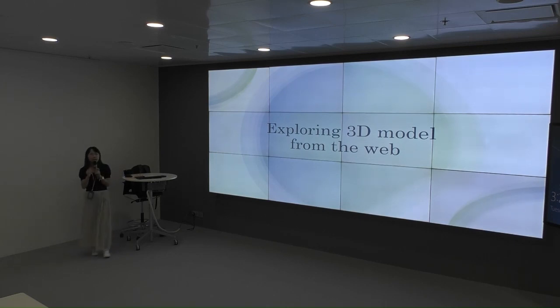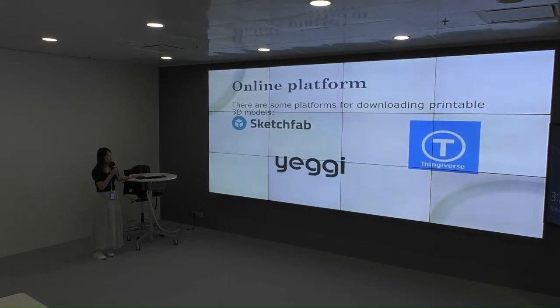Okay, after 3D scanning and touch up, we can talk about how to find some 3D models from the internet. Here are some recommended platforms for you to find 3D model files: Sketchfab, Eggs, and then Thingiverse.